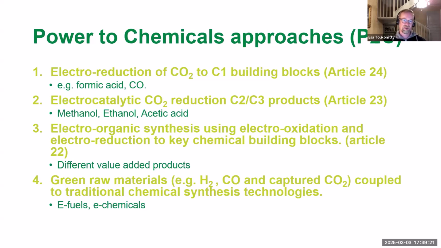So if you want more details, take a look at these articles 24, 23, 22, which describe something similar, utilizing electrocatalysis and renewable electricity. Then this number 4, we still take a look at a bit more. It's more like utilizing these starting materials, but afterwards there is not much electrochemistry anymore. It's just regular chemistry involved.